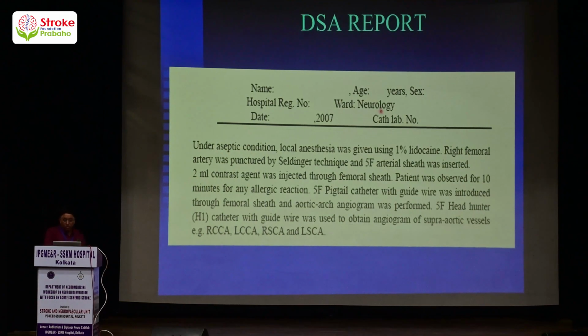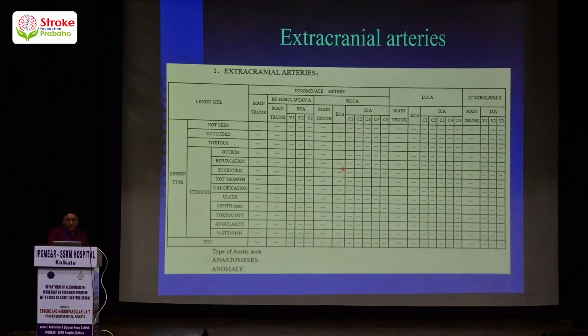We provide a detailed report, and this is the DSA format, and as we perform it, we give a complete description of the procedure. And this is the chart we made to see each and every segment of the vasculature. So this is for the extracranial circulation, we can see all 3 segments of the vertebral artery, all 5 segments of the internal carotid artery, right side, left side, and the left subclavian artery.